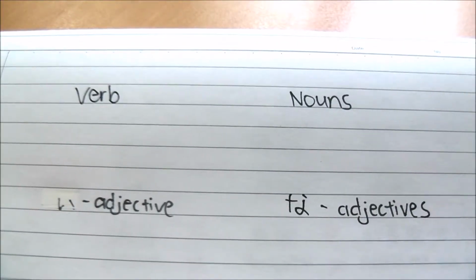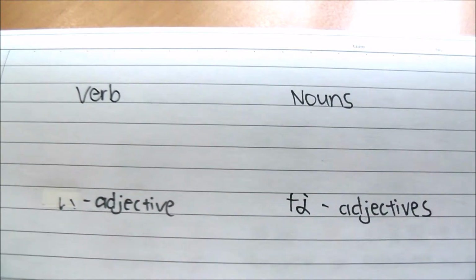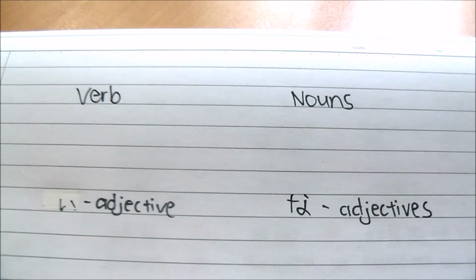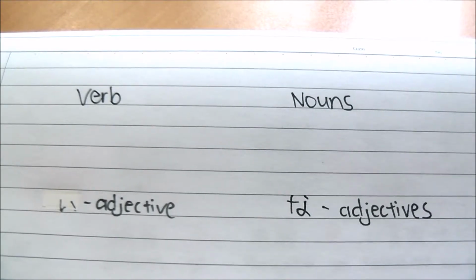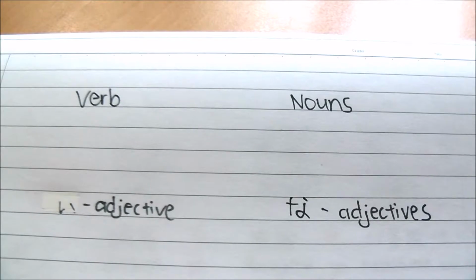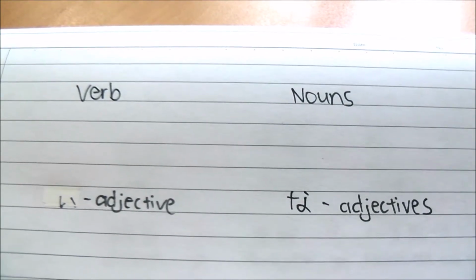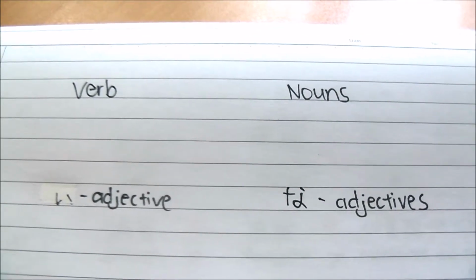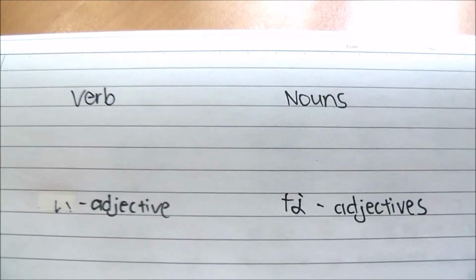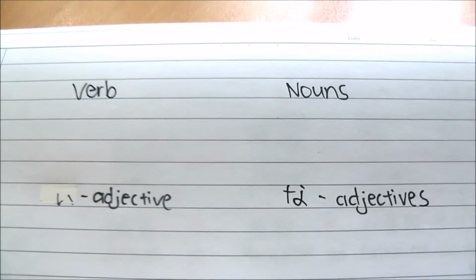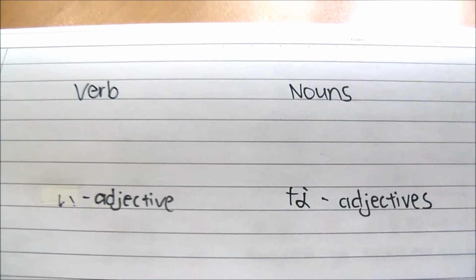For verbs, however, there are so many different kinds of changes for te form. So lesson 5 will be a bit heavy because there's so much to learn about verbs in te form. Let's talk about what this te form is. This te form has so many uses.